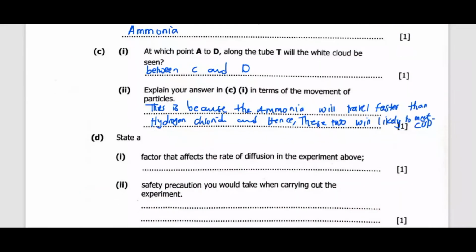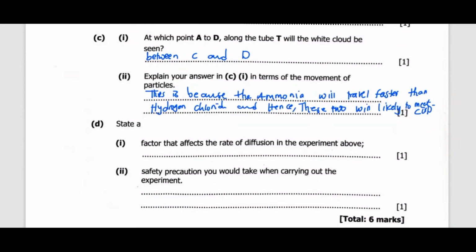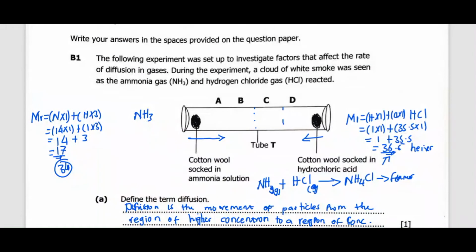Then we have question D. State one factor that affects the rate of diffusion in the experiment. So in the experiment here, during the experiment with hydrochloric acid and ammonia, which factor are we talking about here?